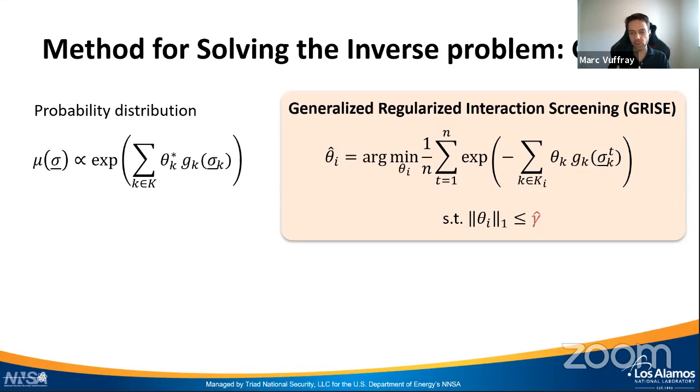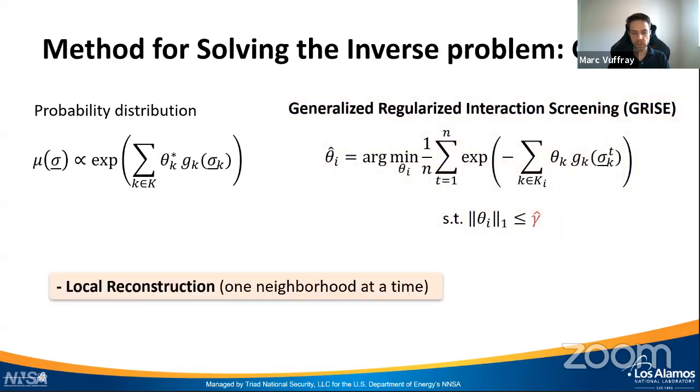On the right, you just consider the factors that are attached to one single variable. You put a minus sign, you look at the empirical expectation of this loss, and you minimize with respect to the parameter, and you also include a constraint or a prior that the parameter in L1 norm cannot exceed what you believe is the strong correlation bound. And that's it. This is your estimator.